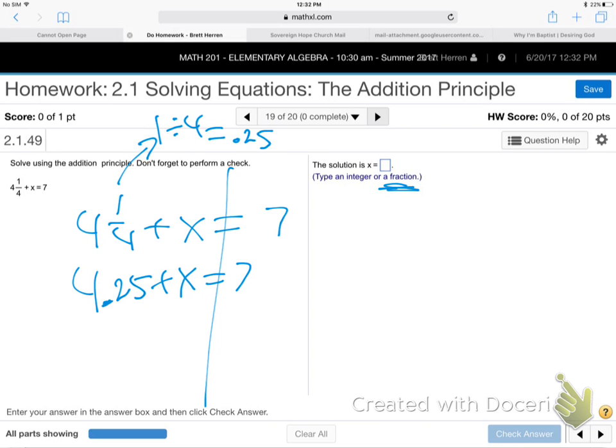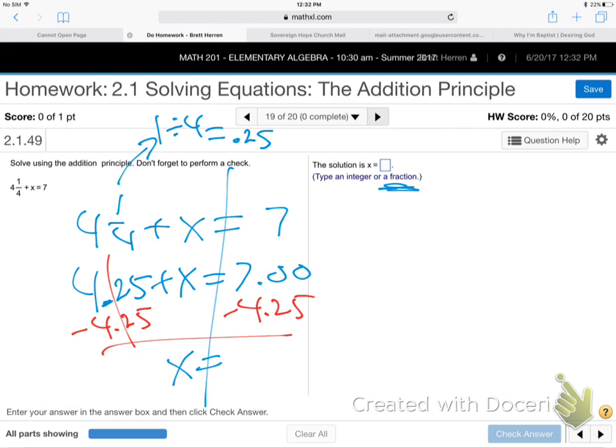Now I've converted to decimal, and I'm going to have to convert back in the end. How do I solve for x now? Yeah, subtract the 4.25 from both sides. x equals 7 take away 4.25, use your calculator if you want to. Isn't it 2.75? 2.75.